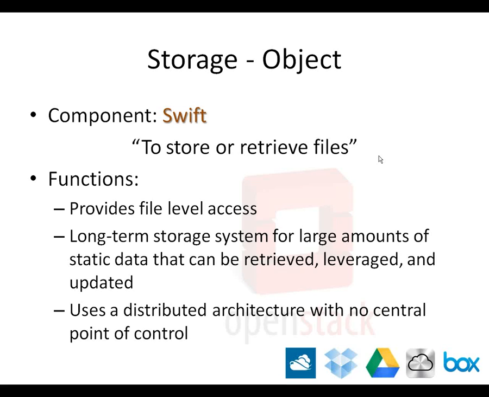But at the file level access or object storage, you just need to continue your work, and for each and every action there will be a version present. Okay, so this is how it works, and due to this, it can be retrieved, leveraged, and updated. Anything you can do with the one file, and it can also be shared.